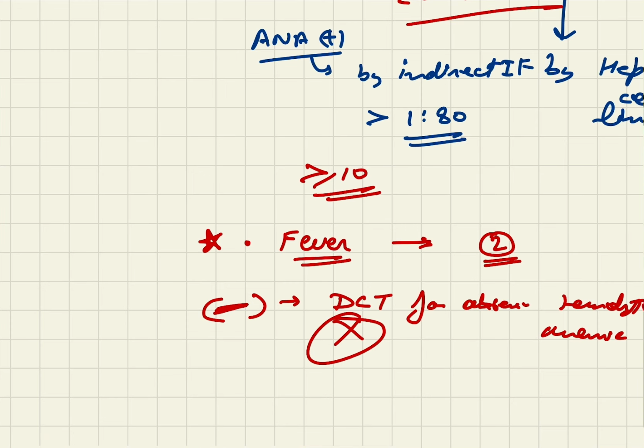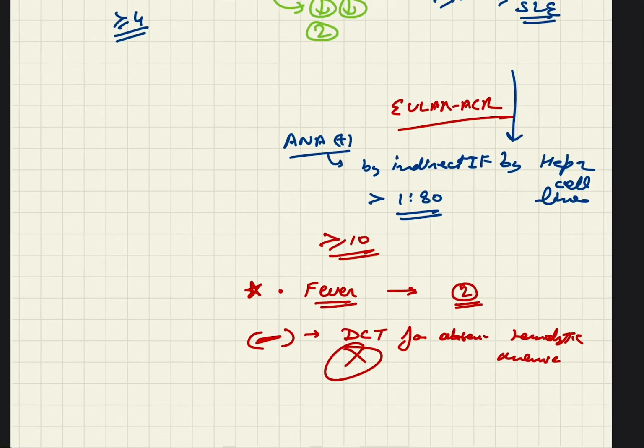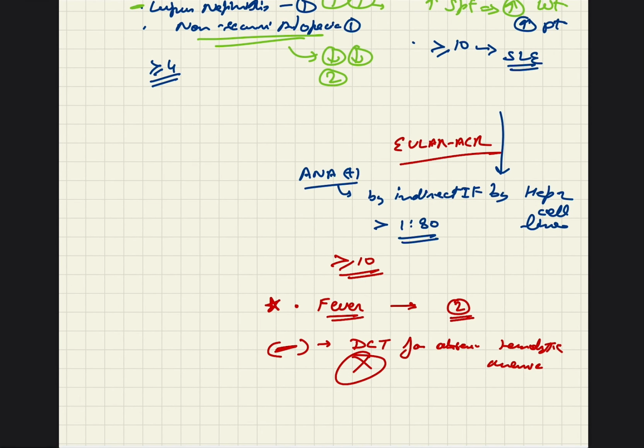These two are the major changes, and the rest of the parameters are the same, except that different weightage has been given according to the symptoms. So I hope I have made the point clear.